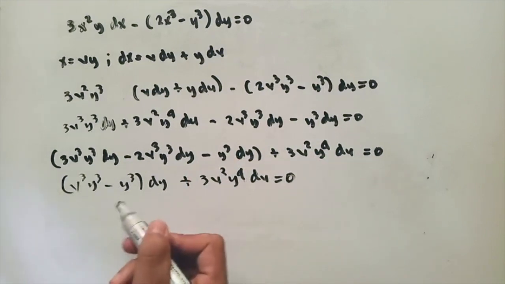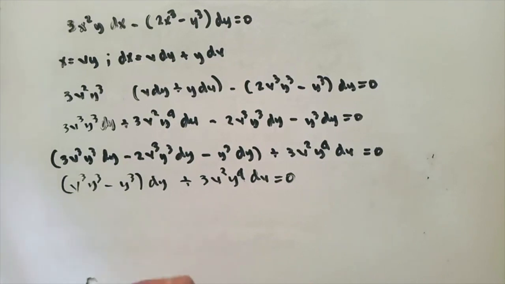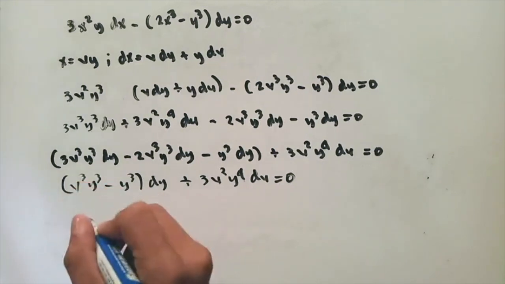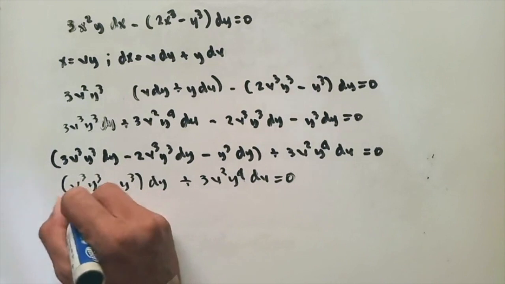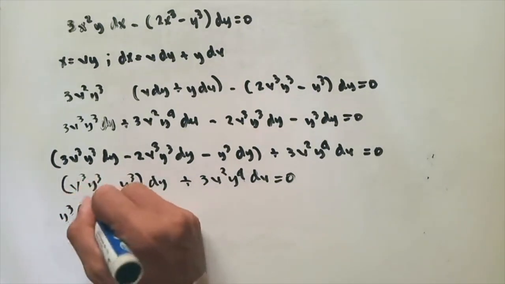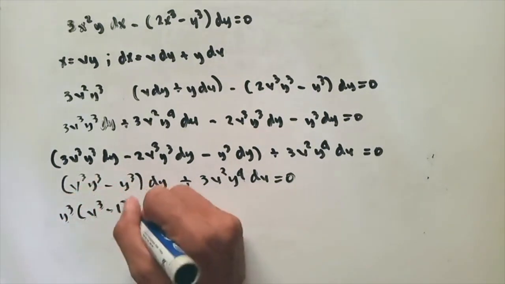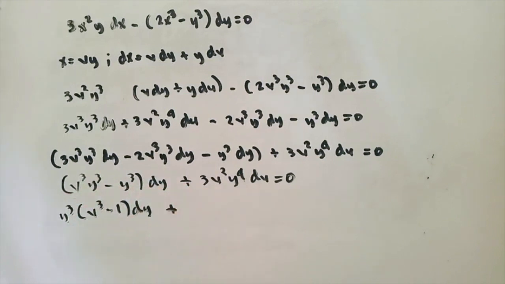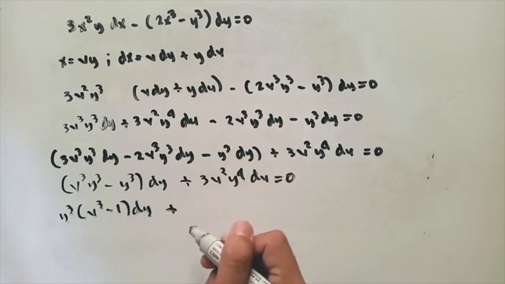Now I will just factor out the y cubed. So this will become y cubed times (v cubed minus 1) dy plus y cubed times (v cubed plus 1).